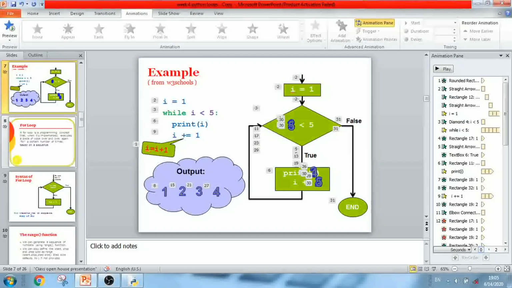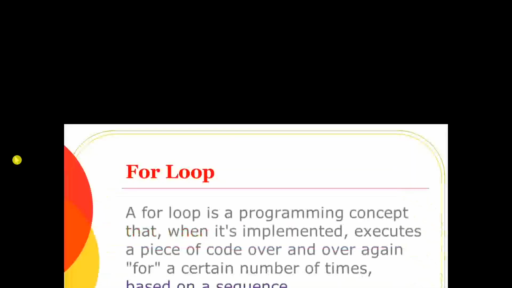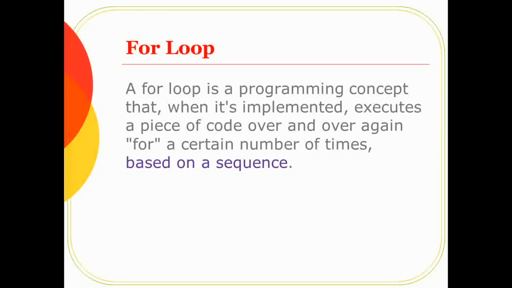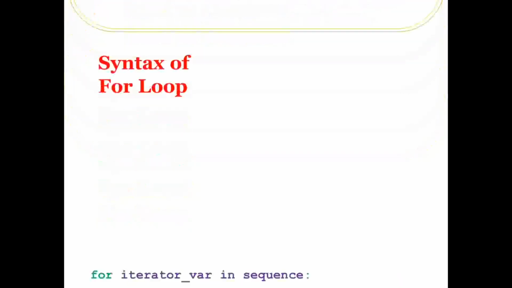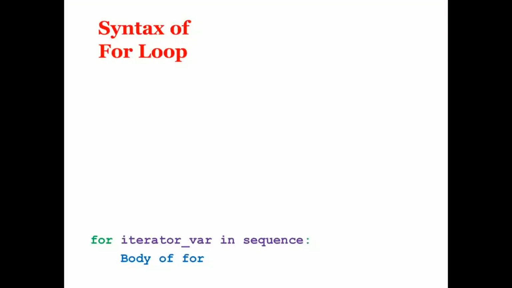Now let's go to the for loop. What is a for loop? In a for loop, you will use a sequence of numbers. The difference is that it iterates over the members of a sequence. Now, where is the sequence? Sequence here can be either a list of numbers or a list of strings, etc. But today we'll not use any lists.